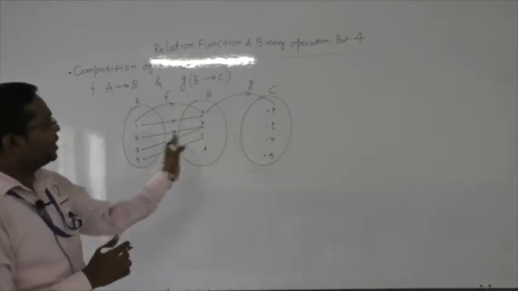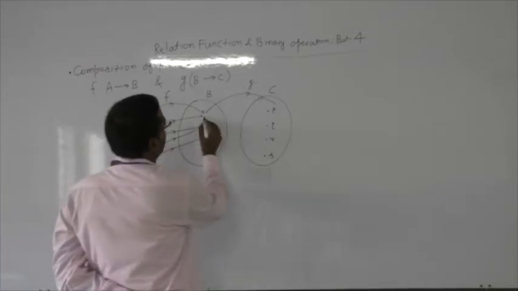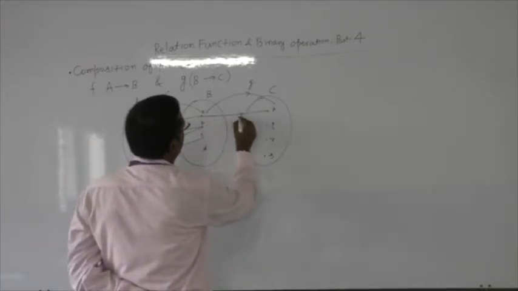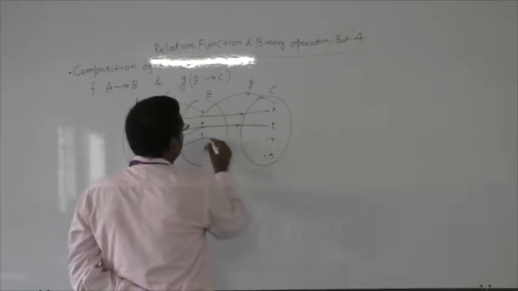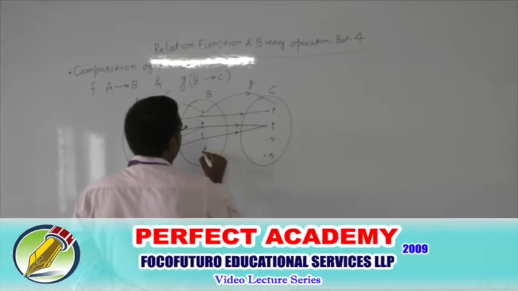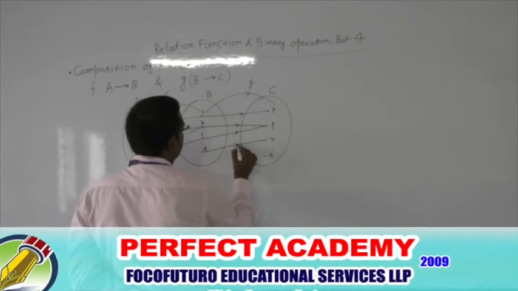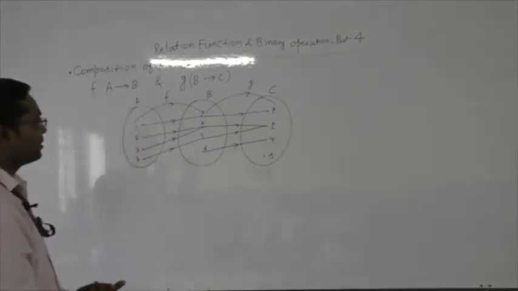And the function from B to C, that is g, is defined as a to P, b to Q, c to Q, and d to R. Suppose this is a function.